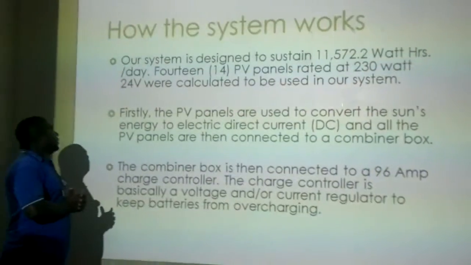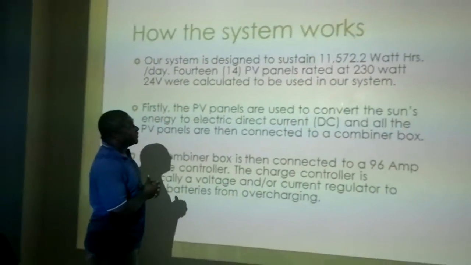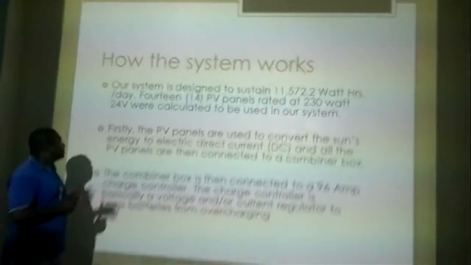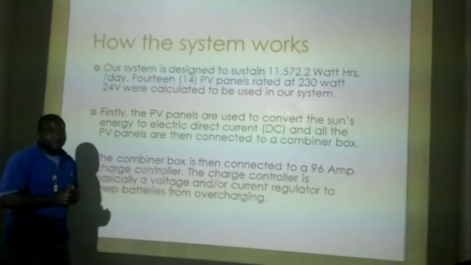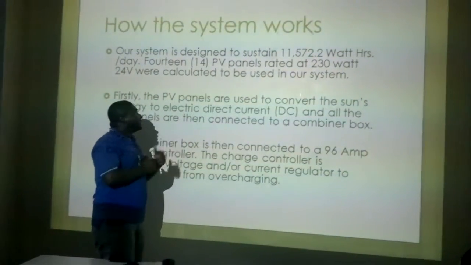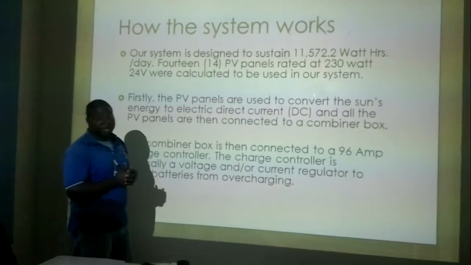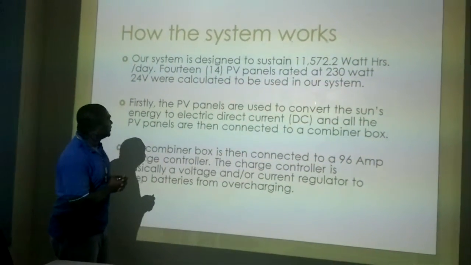Alright. Our system, as described earlier, is designed to sustain 11,572 watts of power per day. So, to provide this rated power, we need to use 14 PV panels rated at 230 watts each.